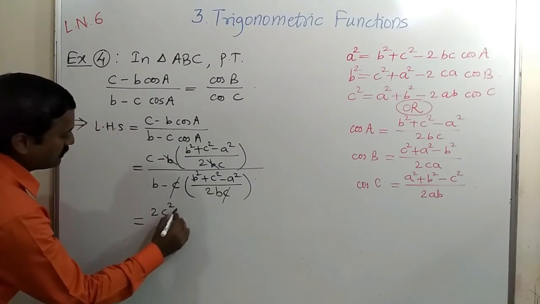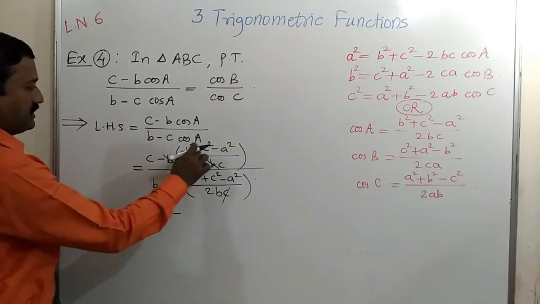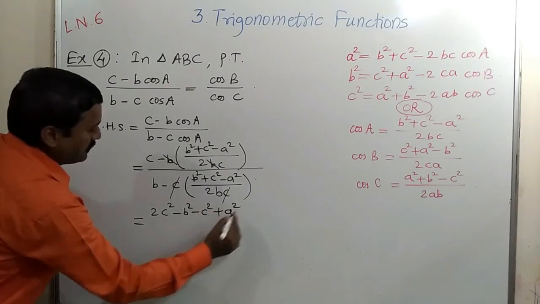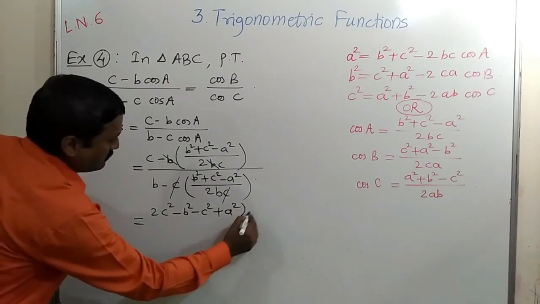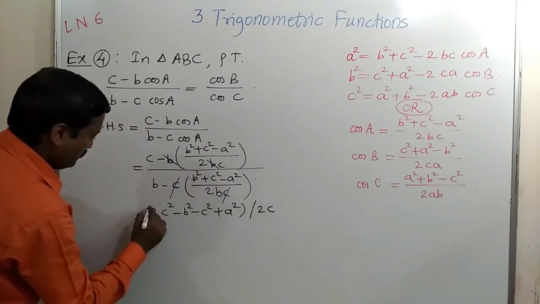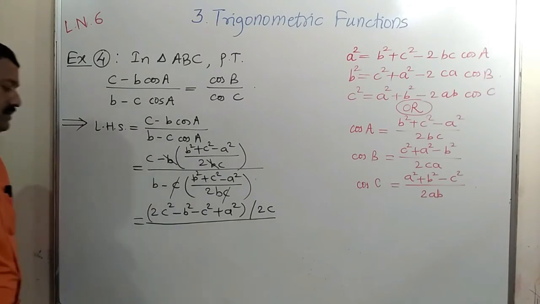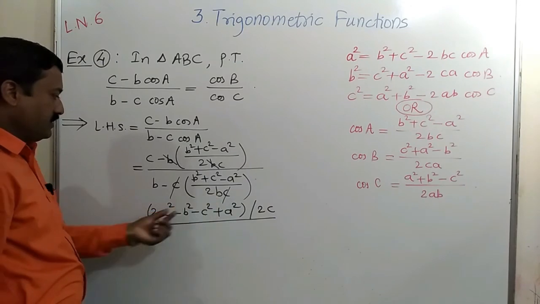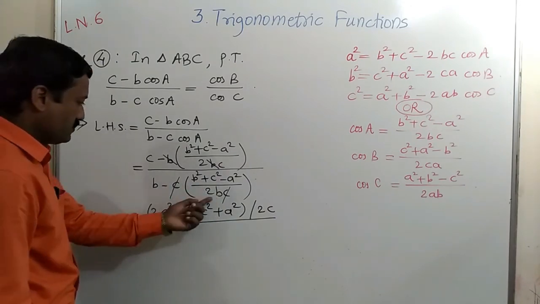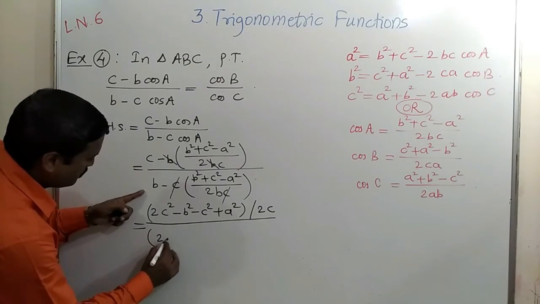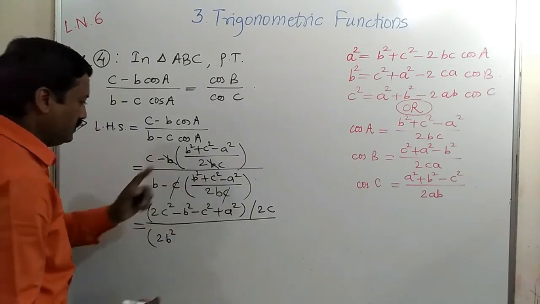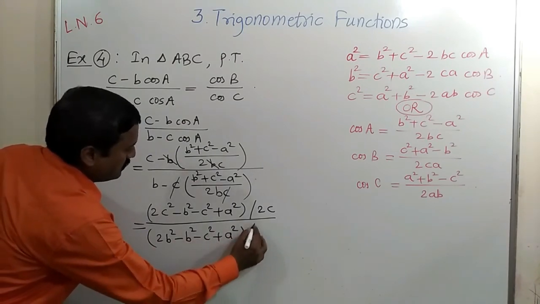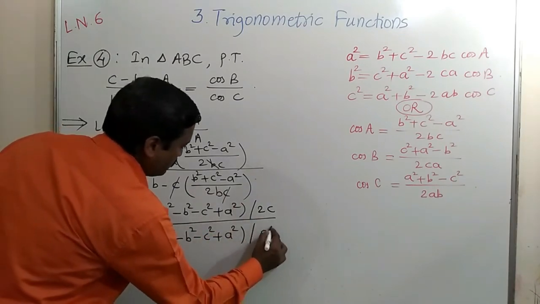So we get here 2c square minus, apply minus sign on all these terms, we get minus b square minus c square plus a square, whole divided by twice c, and it is divided by, now at the denominator here is twice b. So make denominator common of these two terms. So we get 2b square. Apply this negative on each term. So we get minus b square minus c square plus a square whole divided by this twice b.